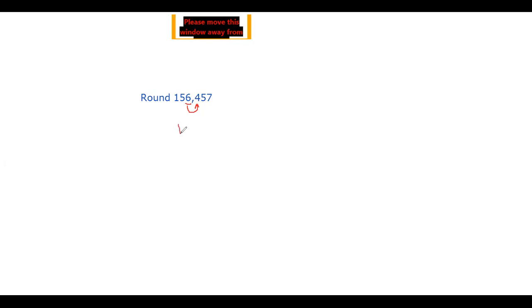So after rounding, that will be 1, 5, 6, 0, 0, 0. In the exam, you will see two options. This is the first option, for example, and the second option will be something like 1, 5, 6, 5, 0, 0. You need to round this, and you will figure out which option is right, so you will choose it.